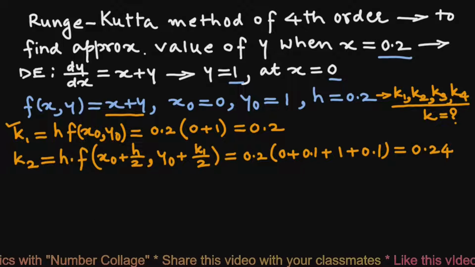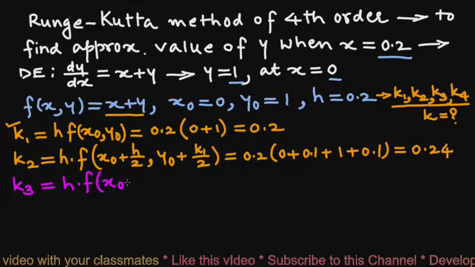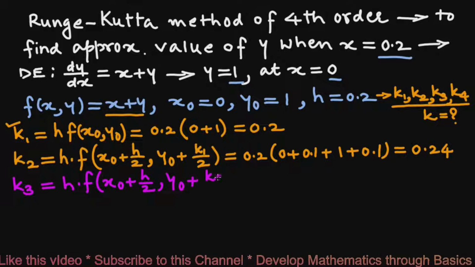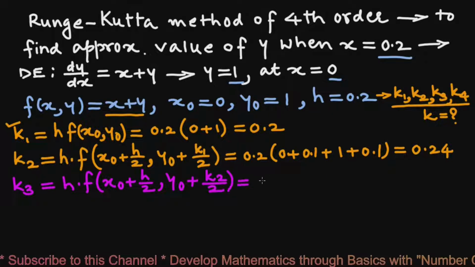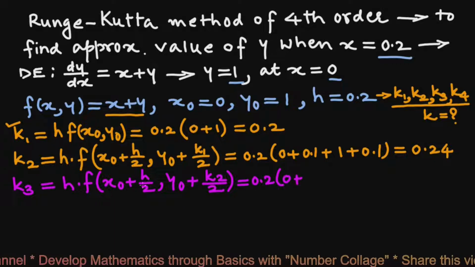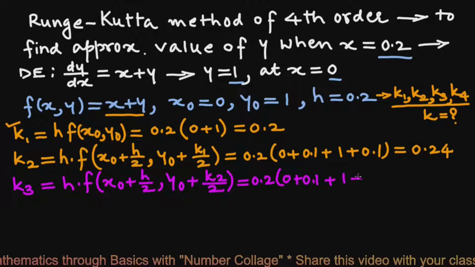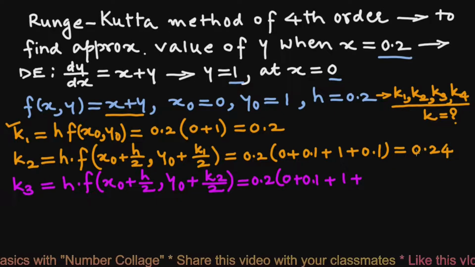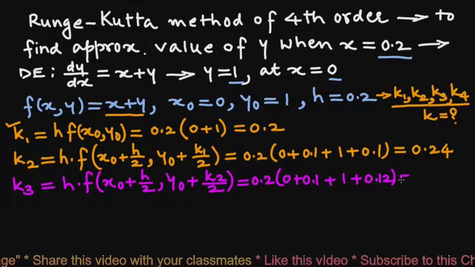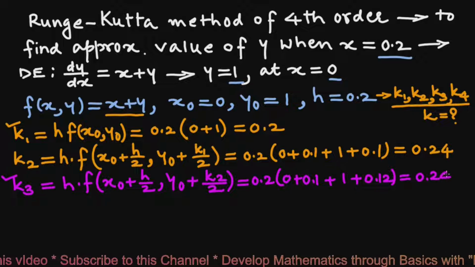Next we will find k3, which is h times f of (x0 plus h by 2, y0 plus k2 upon 2). That will be 0.2 for h, then x0 is 0 plus h by 2 is 0.1, plus y0 is 1 plus k2 is 0.24 upon 2, that is 0.12, and this gives us k3 equals 0.244.